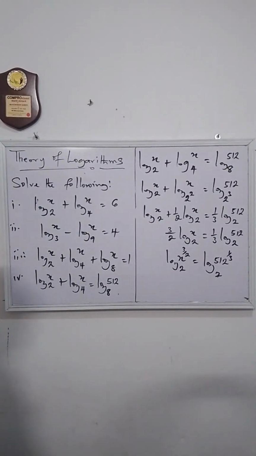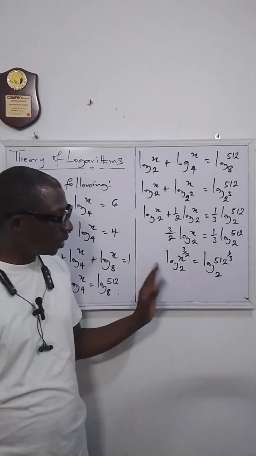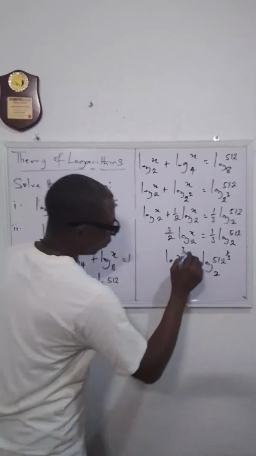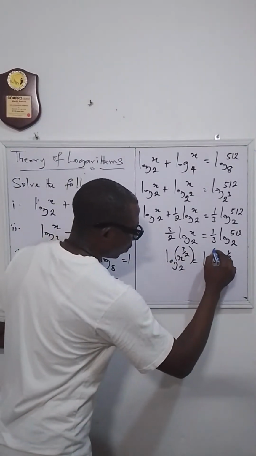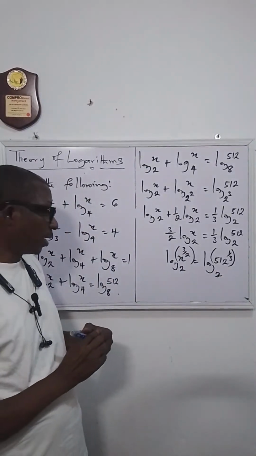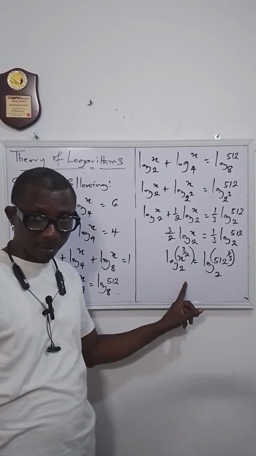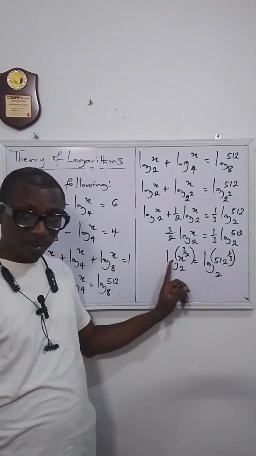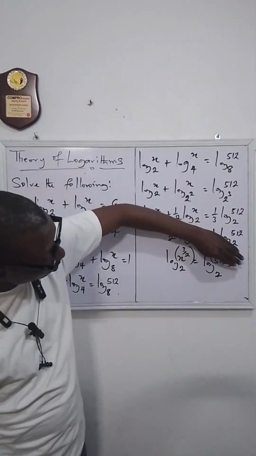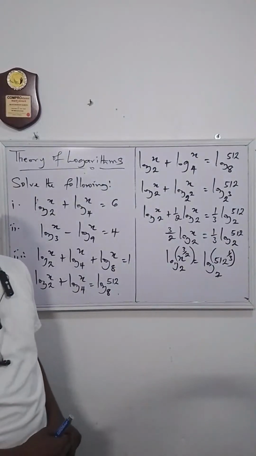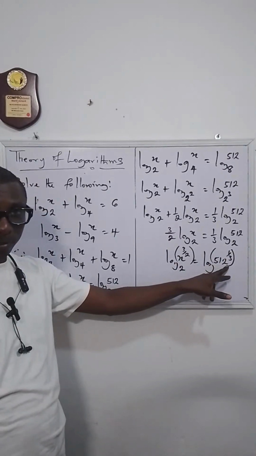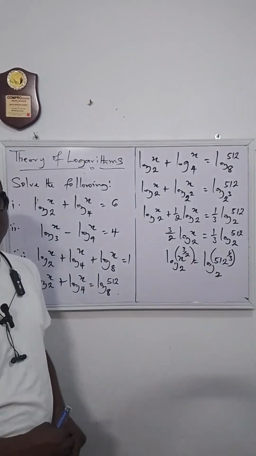Now, what's the next thing to do? When you look at this carefully, we are equating the two. What we have here must be equal to what we have here, because obviously they have the same base and we have logarithm on both sides. So the number here and the number here must be the same if they are equal. If they are not the same, that means this equality is not valid.